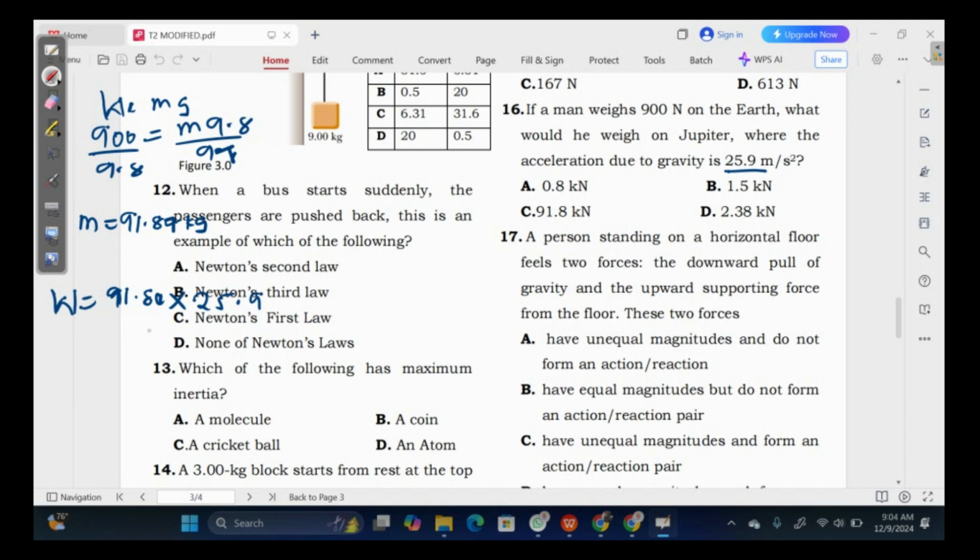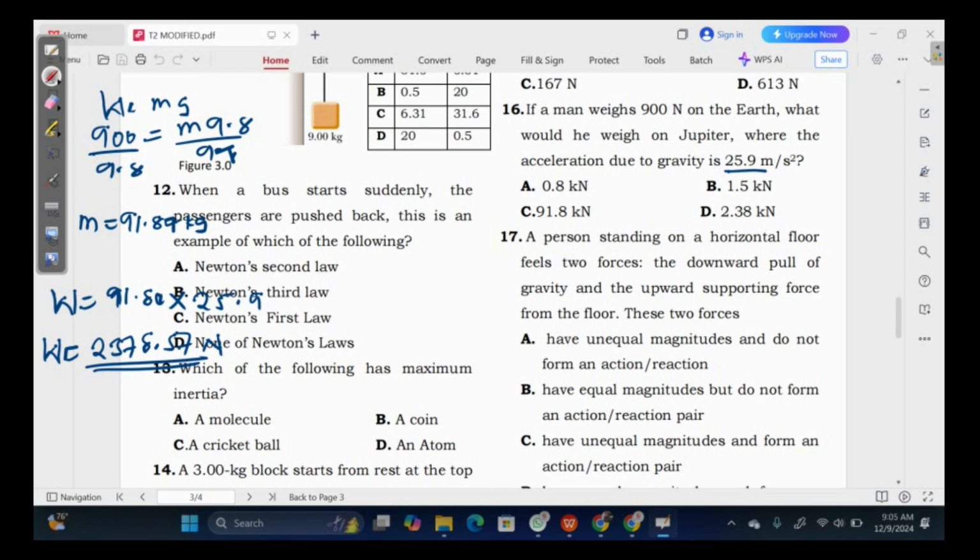So I'm getting the answer to be equal to 2,378.57 newtons. Now, we can clearly see that our answers are all in kilonewtons. Kilonewton is just to divide the answer you have found by 1000.